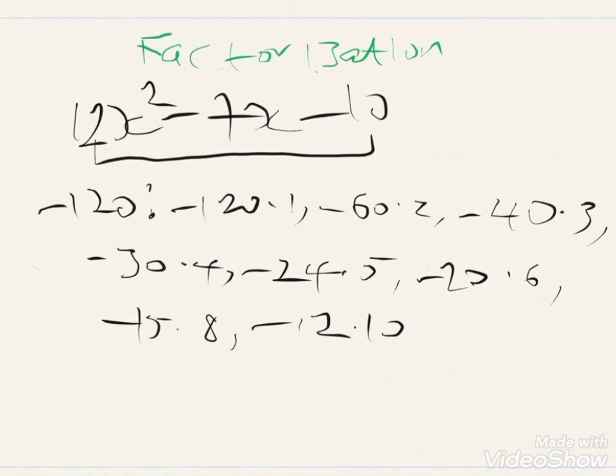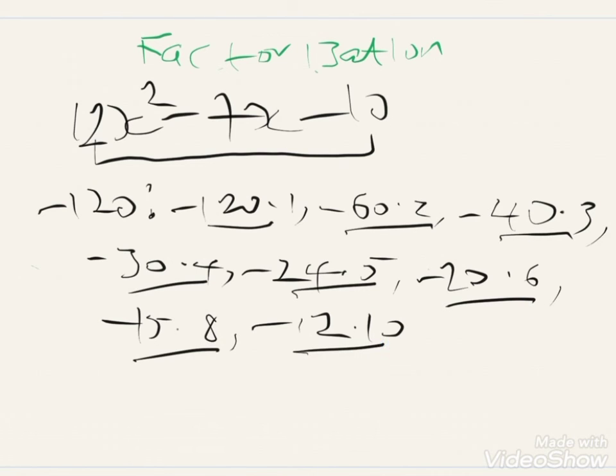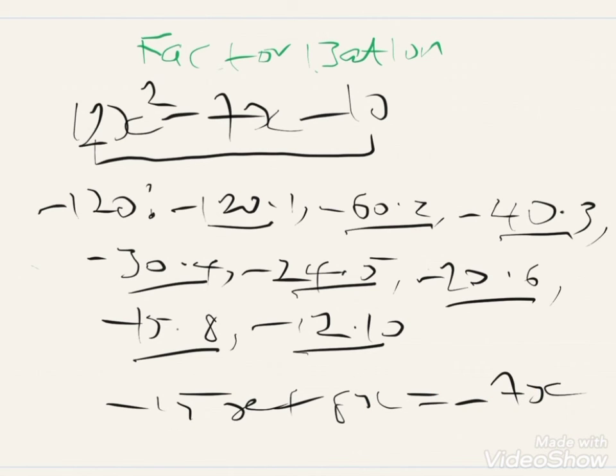All right, without wasting much time, because we have to try using each pair of factors, summing them, to check if we will have the middle term of the expression given to us, which is minus 7. By mere looking, I will know that minus 15x plus 8x is equal to minus 7x. So I will choose minus 15 times 8.